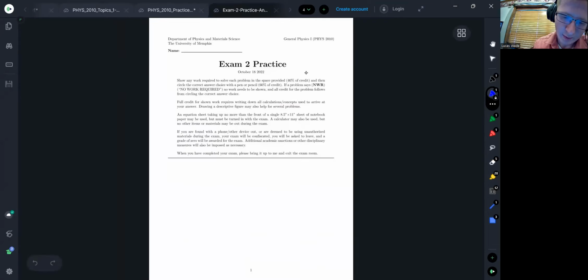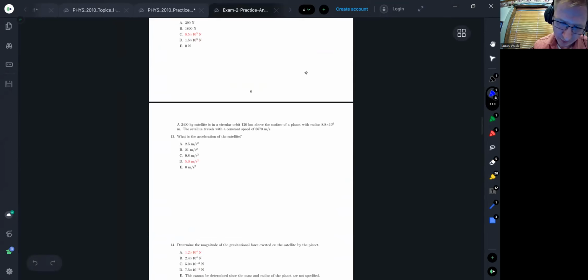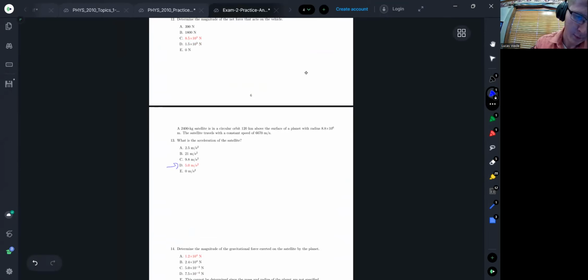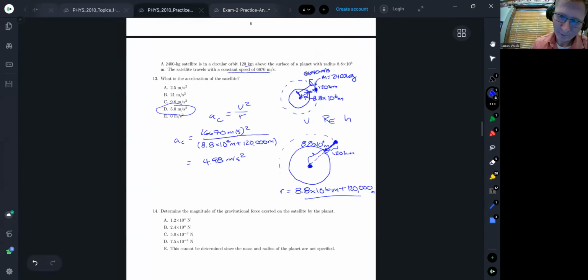So if we come over here for answers, we get the right answer. Catherine, yes, you did, in the sense that that 120 kilometers is so small compared to the radius of the planet that it's not going to change the answer very much.